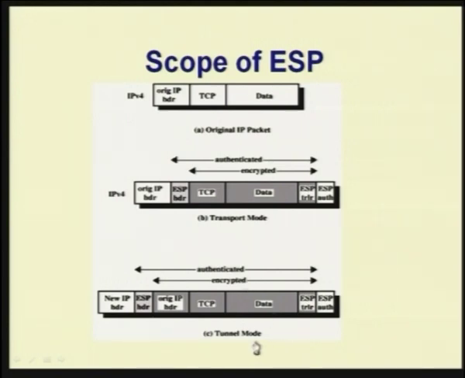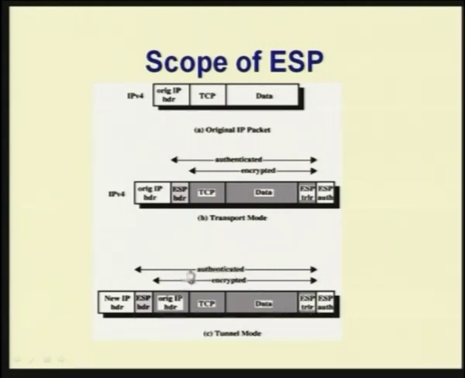Now, the next mode is the tunnel mode of operation. Here what is done is, you have the original IP header, TCP and data. You add the ESP header and trailer, that whole thing is encrypted and that is carried inside a new IP header. So, this original IP header is no longer available for others to see. The original IP header plus TCP plus data, this entire thing is now carried as an encrypted part in an IPsec packet.